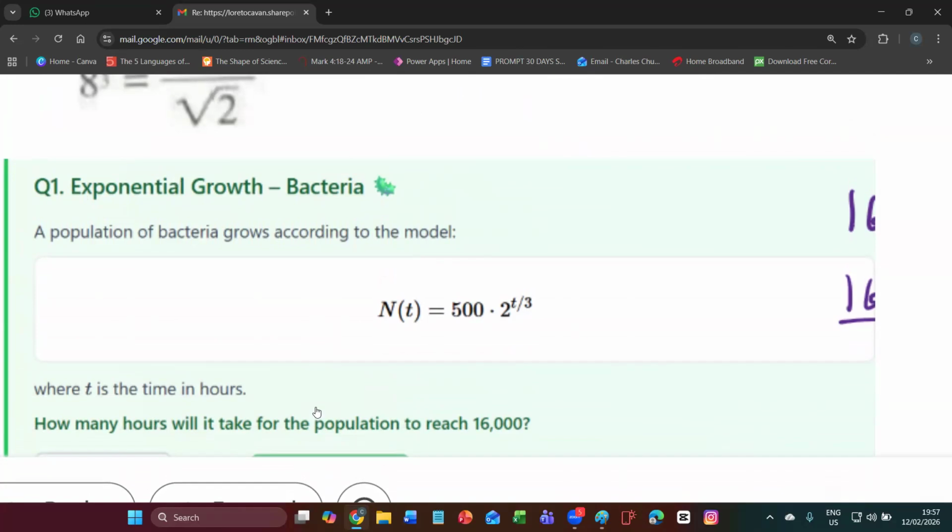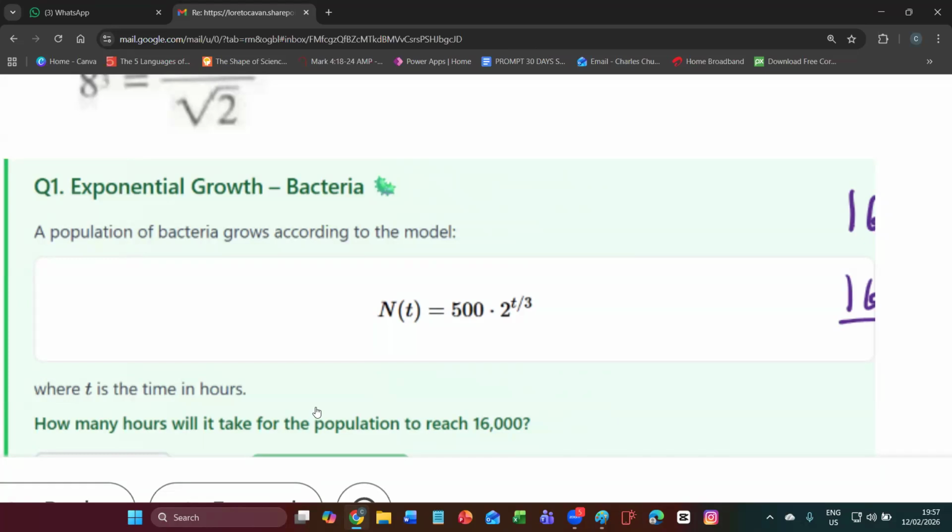Okay, this question looks more like the one that we did last time, right? Where it was asking us how many years will it take for the population to reach 16,000? Yes, sir. Yeah, it's just the same thing, but I think that one was 20,000. So what would you say you would do in this case? Log with them, right?